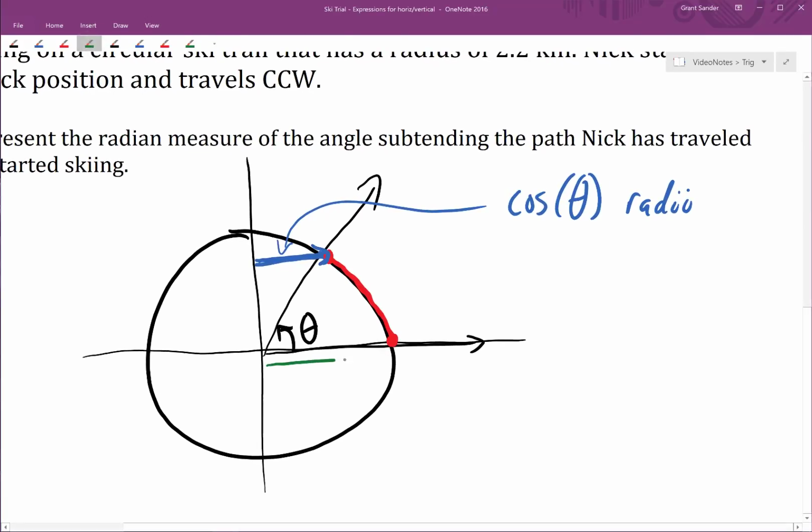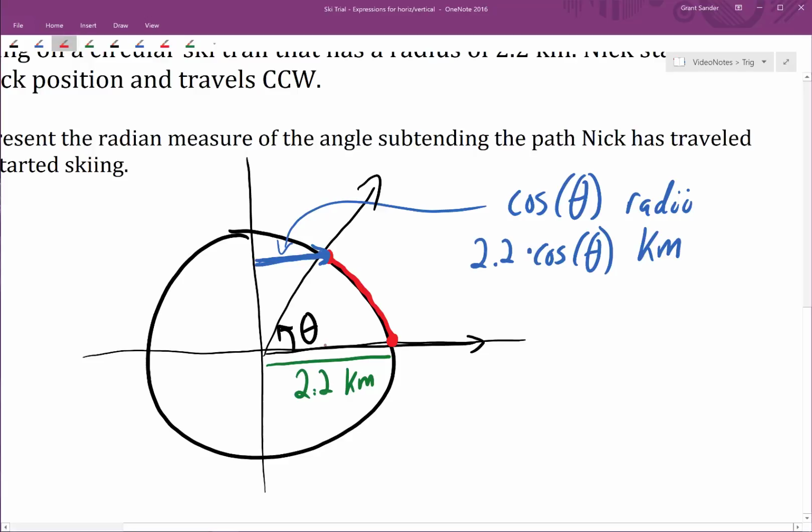However, the radius of the circle is 2.2 kilometers long, and so if he is cosine of theta radius lengths to the right, and the radius length is 2.2 kilometers, then he's actually 2.2 times cosine of theta kilometers to the right of the center of the ski trail.